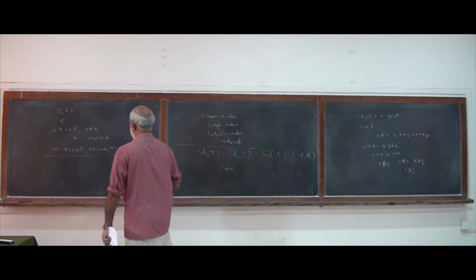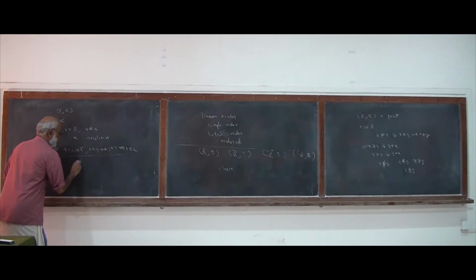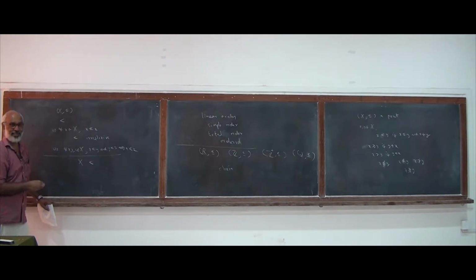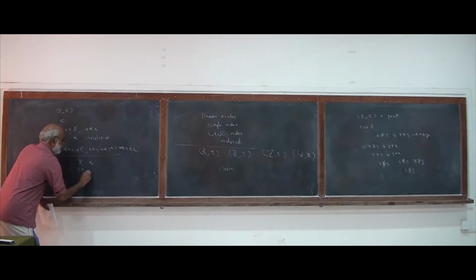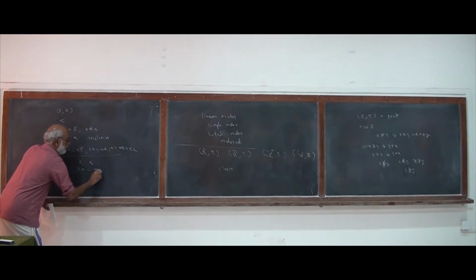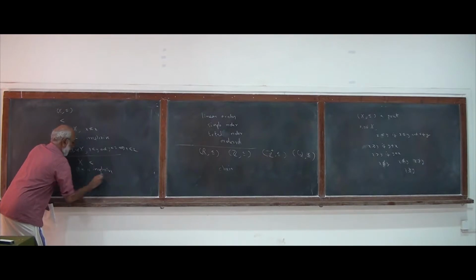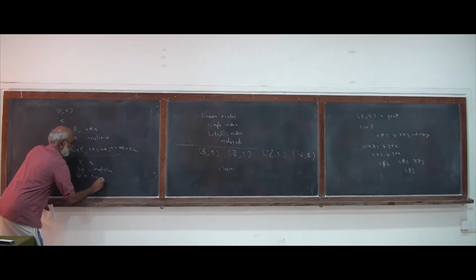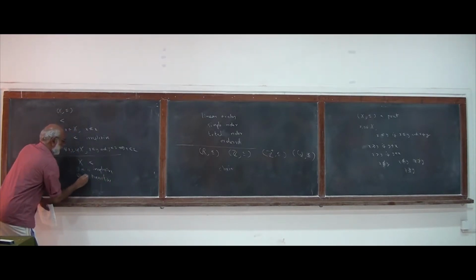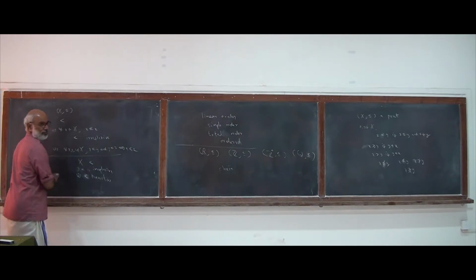Now, conversely, suppose x is a set and less than is a relation on that set with two properties, that is, less than is irreflexive and less than is transitive. Suppose we are given a relation on x.